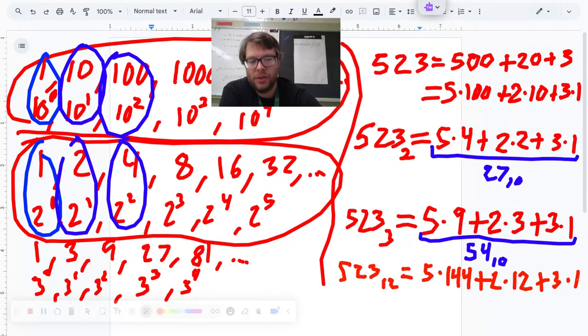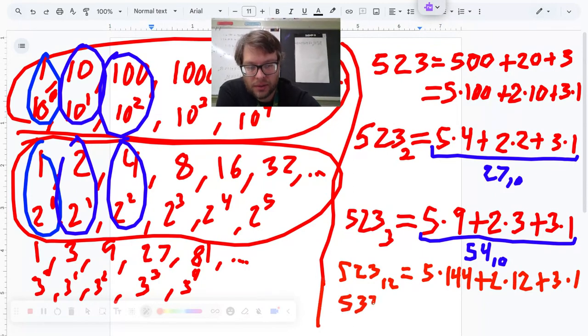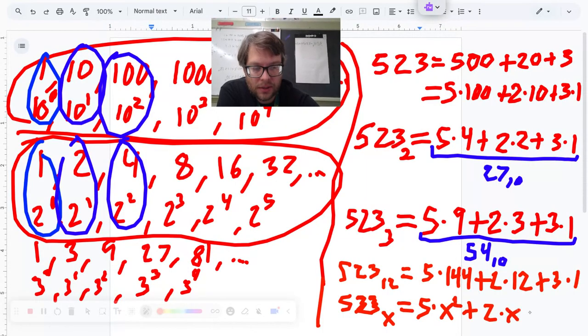My point was that when you think about polynomials, those are really just numbers, 5, 2, 3, written in a base of x. 5 times x squared, plus 2 times x, plus 3 times 1.